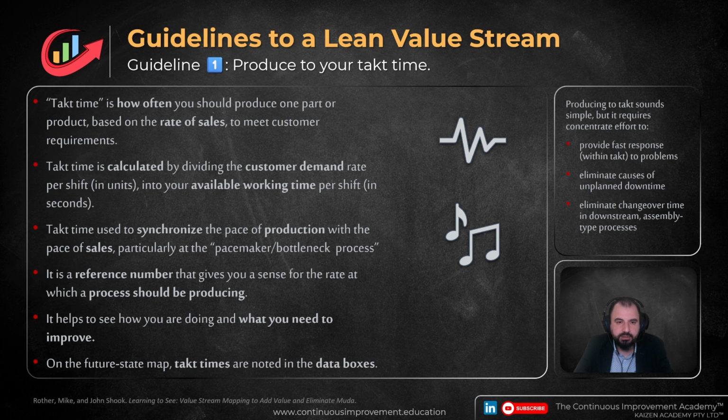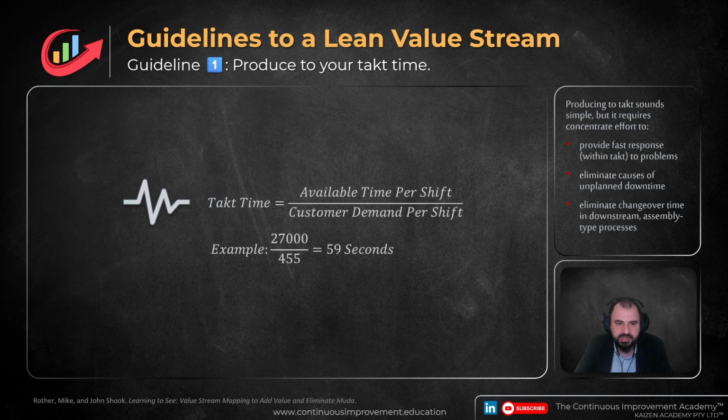To calculate the takt time, there is a simple formula: divide the available time per shift by the customer demand per shift. For example, if the available time per shift is 27,000 seconds and the customer demand per shift is 455 parts, this means that the takt time is 59 seconds.